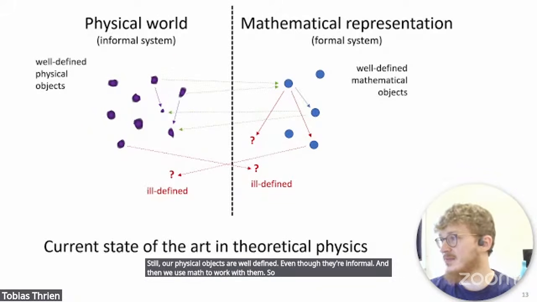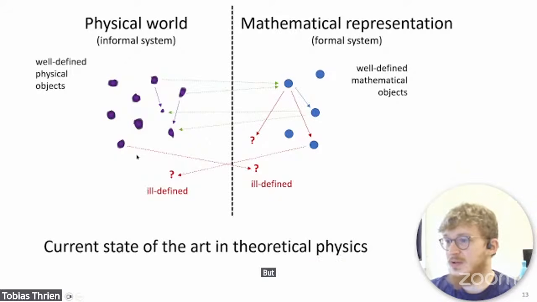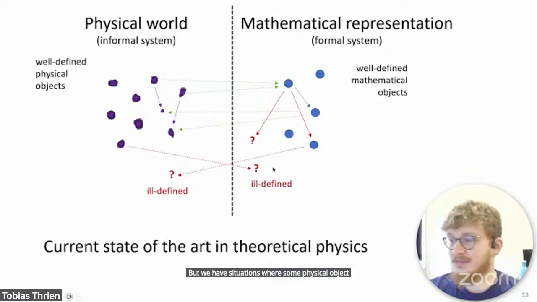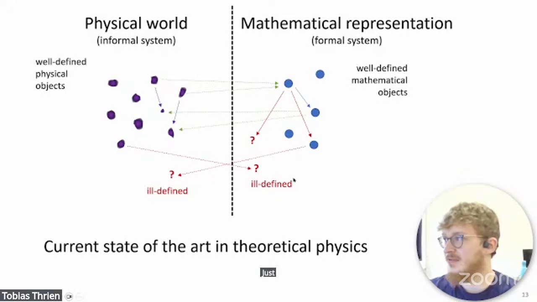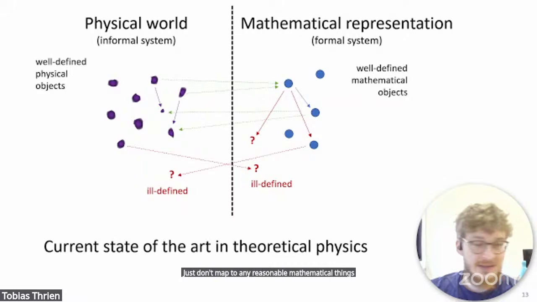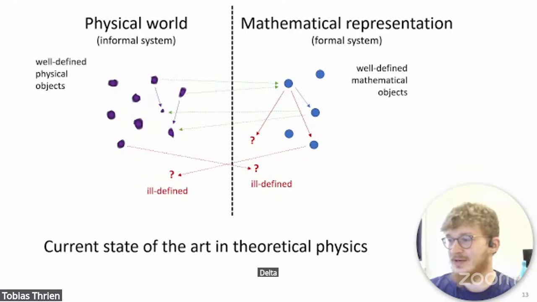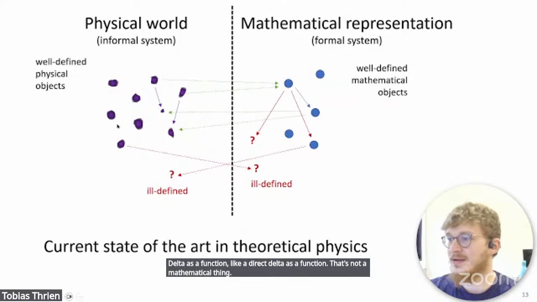So we have a formal system with well-defined mathematical objects, but we have situations where some physical objects just don't map to any reasonable mathematical thing. Like if you treat a Dirac delta as a function, that's not a mathematical thing, but somehow physically it kind of makes sense.